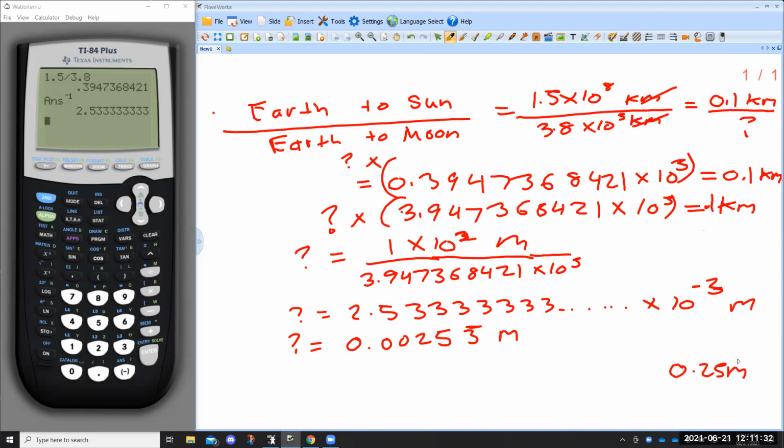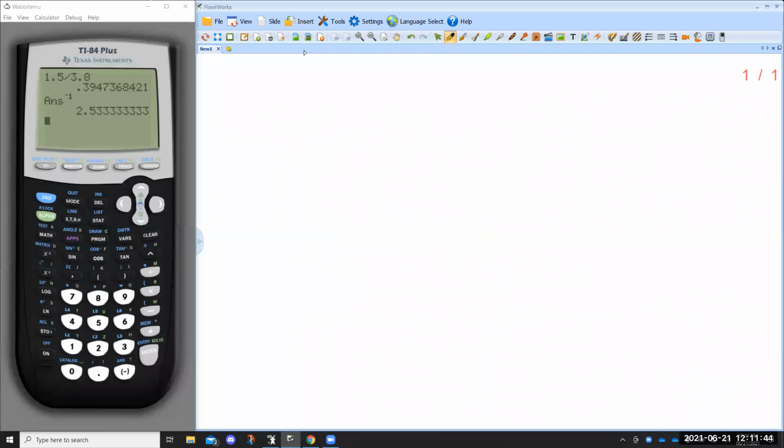So let me try one more time. Sorry, you guys should see that this is the way that it is sometimes. 1.5 times 10 to the 8th, that's the big one.